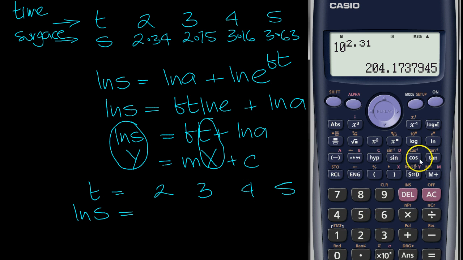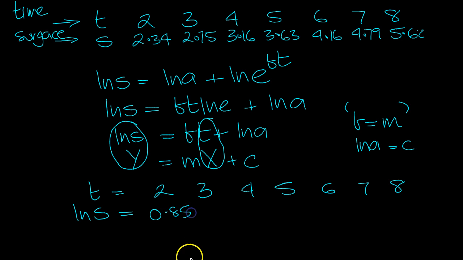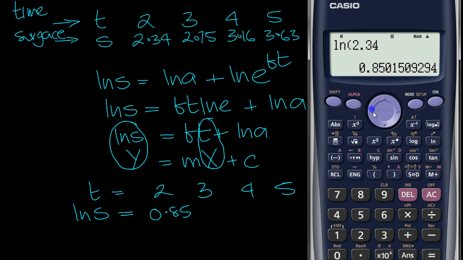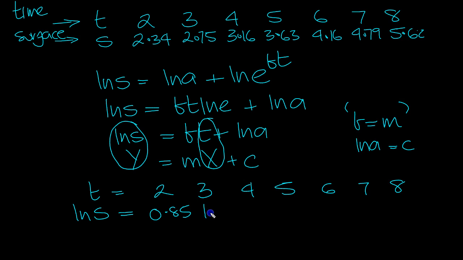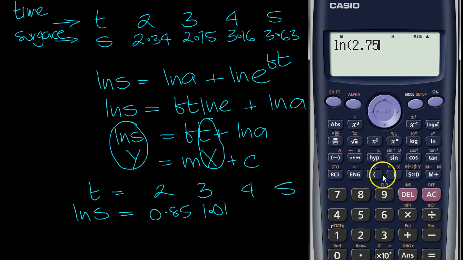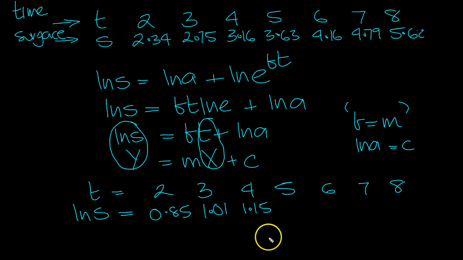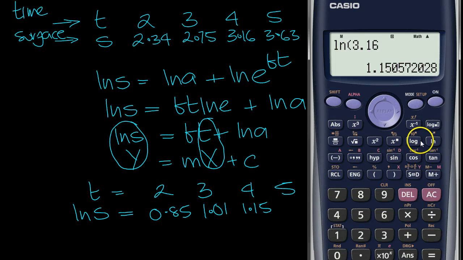So 2.34, log to base e, is 0.85; 2.75 is 1.01; 3.16 is 1.15; and then 3.63 is 1.29.